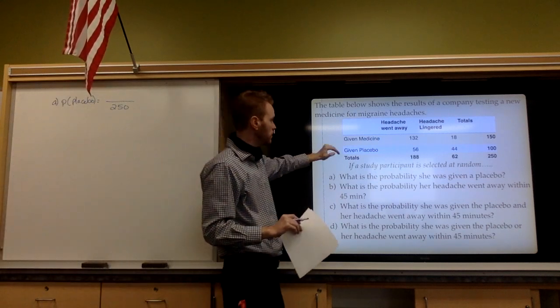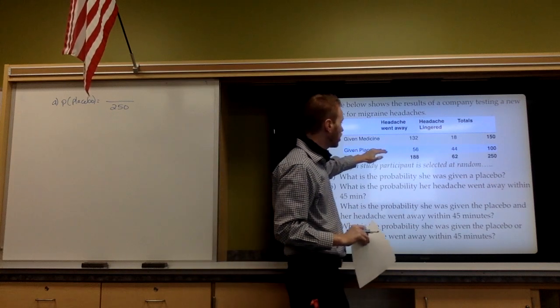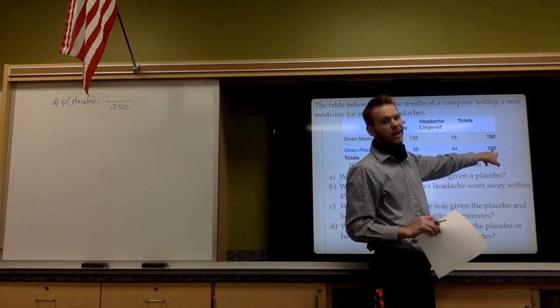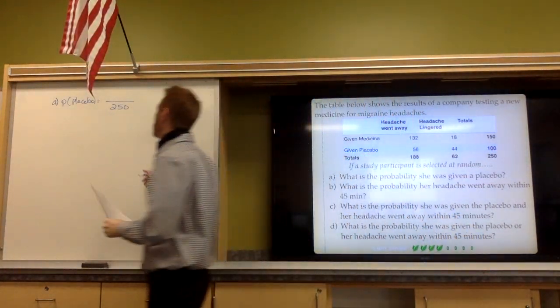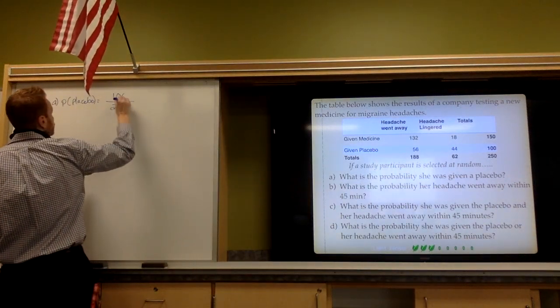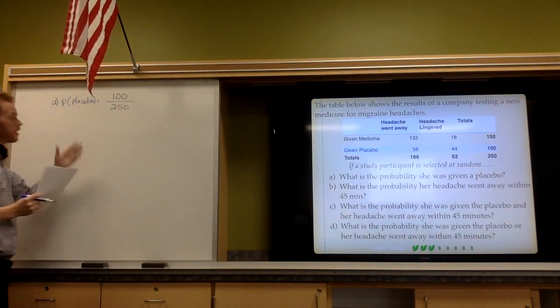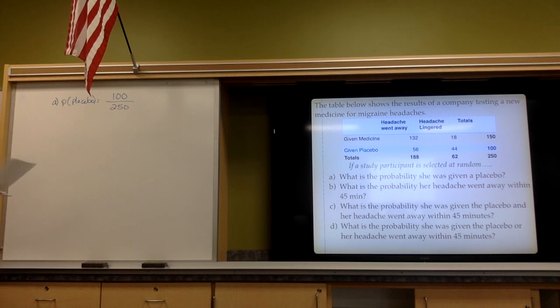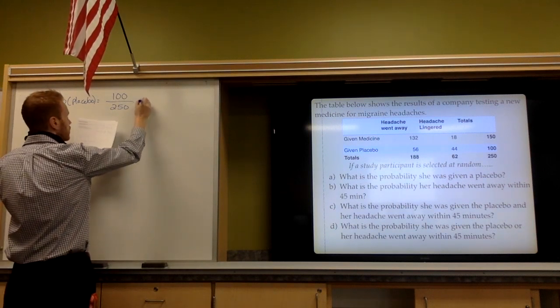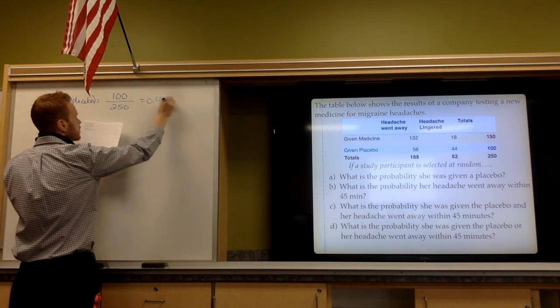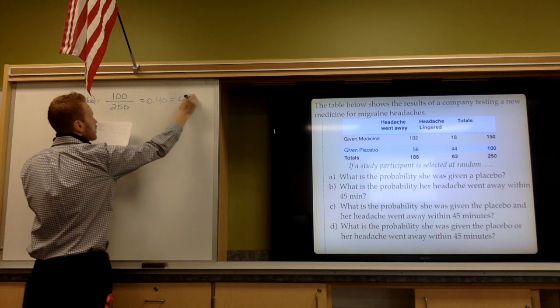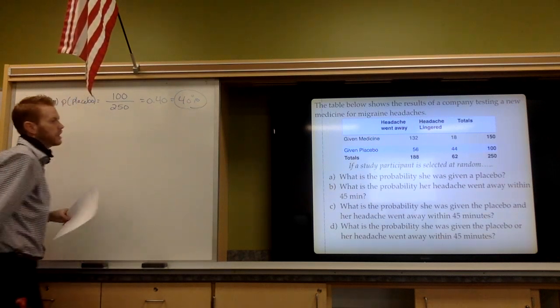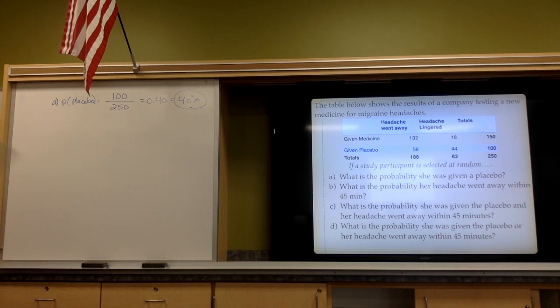Well, look at the placebo row and go all the way across, and we see there is 100. Okay, so 100 people were given the placebo. Okay? So what are the odds of this happening? Well, go ahead and divide these two, and we get 40%. Okay, it's a 40% chance that they were given a placebo.